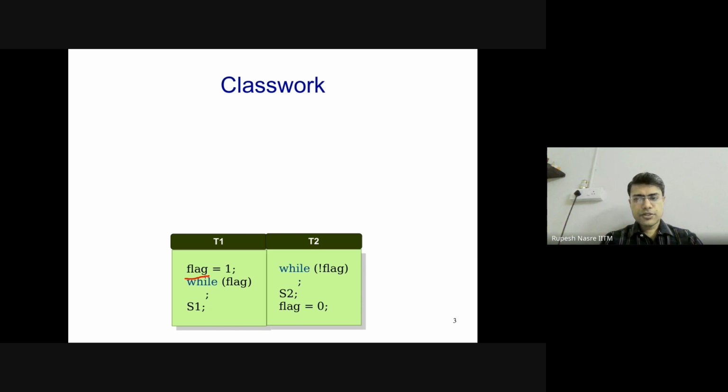And if that is true, then T2 will be stuck in the loop. Does that seem reasonable, Chinmay? Okay, so let's discuss that. If flag is 0, the while condition, not of flag is 1, is true, and therefore T2 is stuck in the while, so it cannot go to S2.